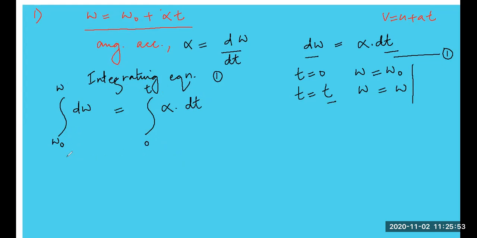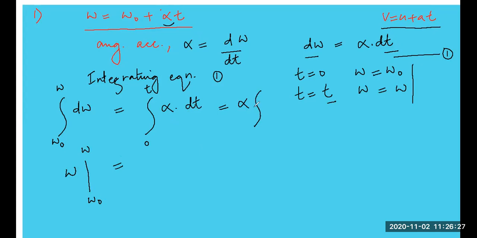So students, when I integrate this, I will get omega, right? It's 1 into d omega, that is omega. The limits are omega naught to omega. Here students, alpha will come outside because alpha is constant. In this equation, angular acceleration is constant. Based upon this condition, I define and derive these three equations.